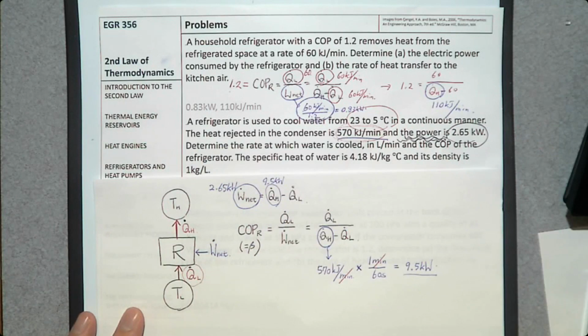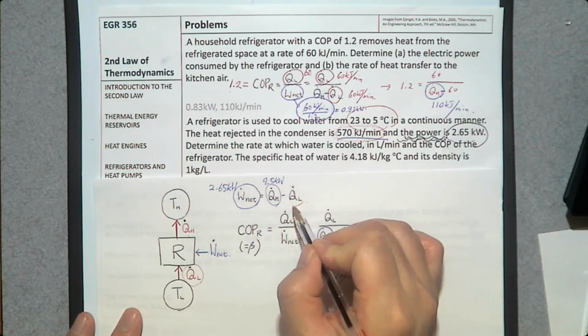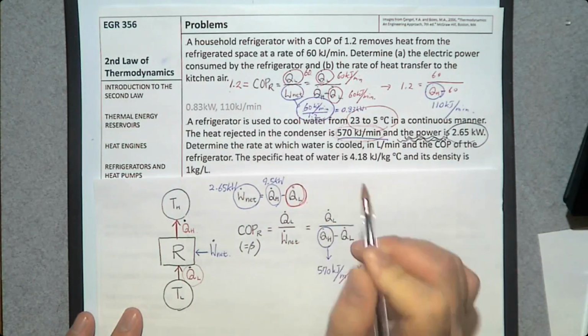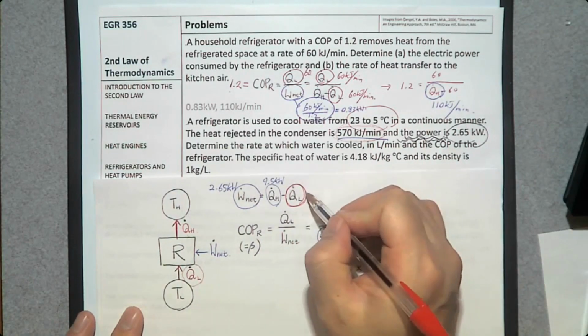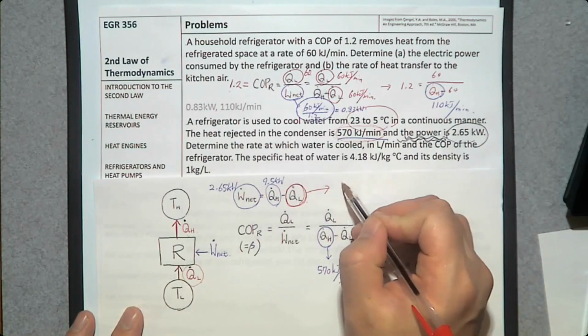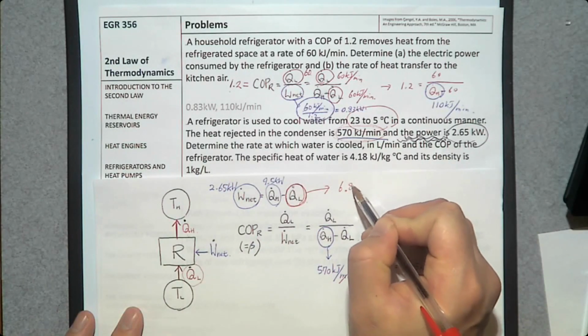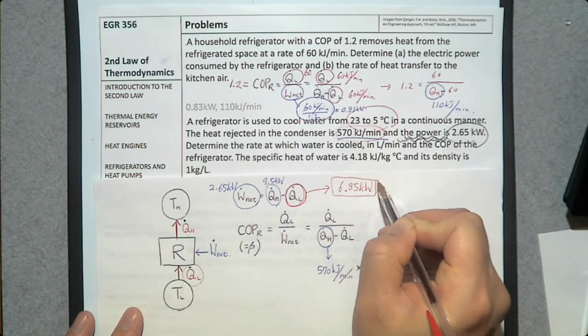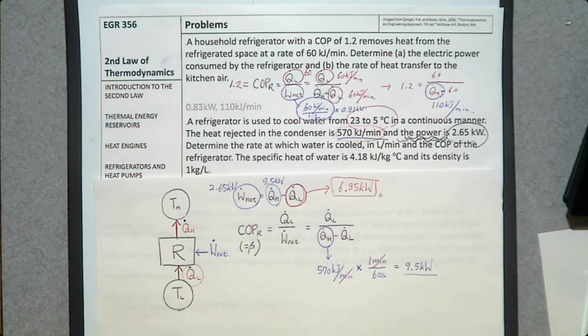So you can determine the rate of heat transfer from the refrigerated space, which is Q dot L. This one is 6.85 kilowatt. So we can remove heat from the refrigerated space at the rate of 6.85.